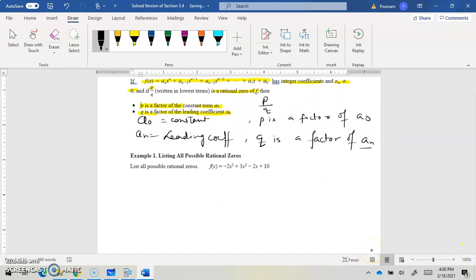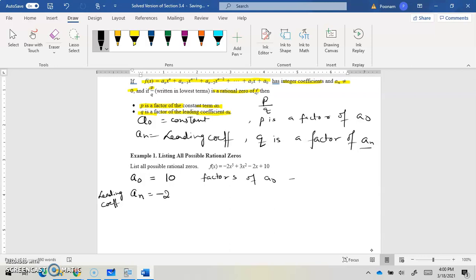Suppose we have the polynomial function negative 2x raised to the power 5 plus 3x squared minus 2x plus 10. What is a naught? That is the constant term, 10. What is a_n? The leading coefficient, which is negative 2. Let's write all possible factors of a naught.